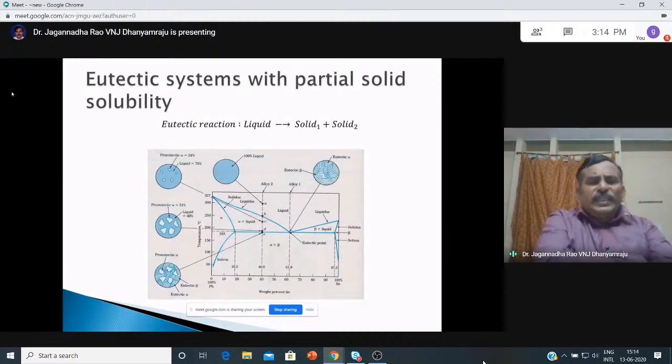Of course, this is also a eutectic reaction. So here the two solids have some partial solubility in the solid state, right?